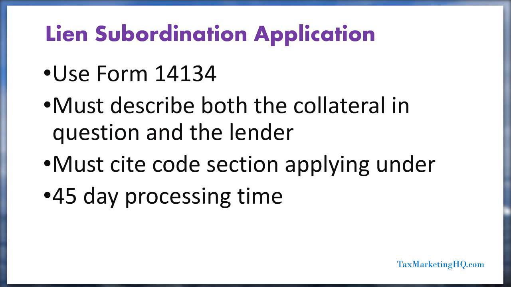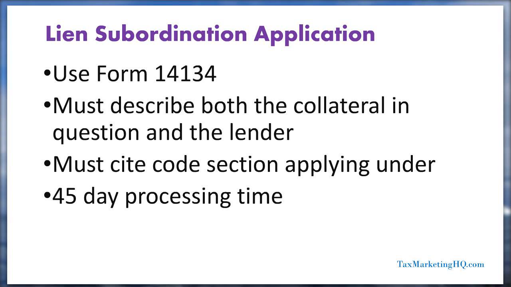To apply for a lien subordination, you're going to use Form 14134. And like I said, the application form for a subordination and a discharge are almost identical. The discharge application form is 14135. You're going to have to describe the collateral in question, and you're going to have to identify the lender. The reason that I'm pointing that out in particular is because you cannot submit a subordination application that is general in scope.